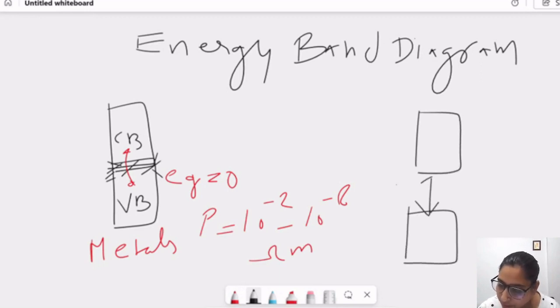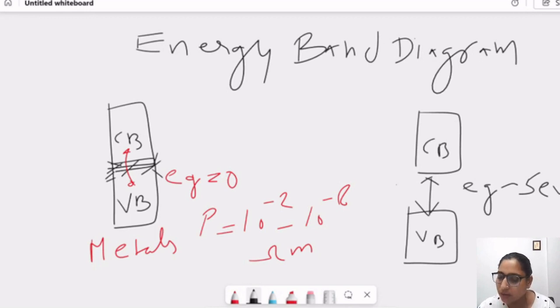The energy band gap here is greater than 5 electron volts, meaning at least 5 electron volts are needed for an electron to jump from the valence band to the conduction band and start taking part in conduction.